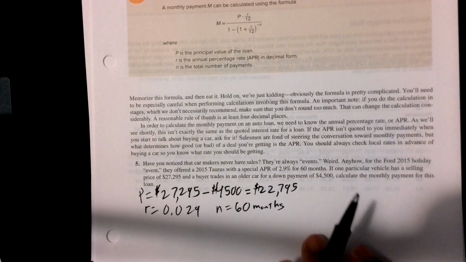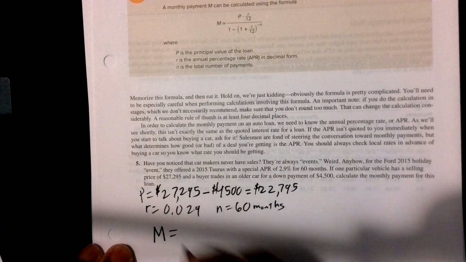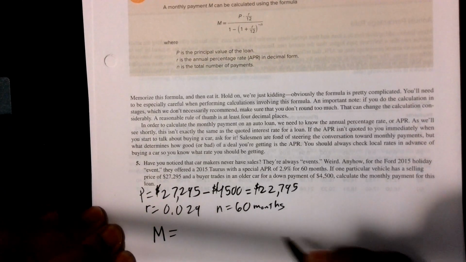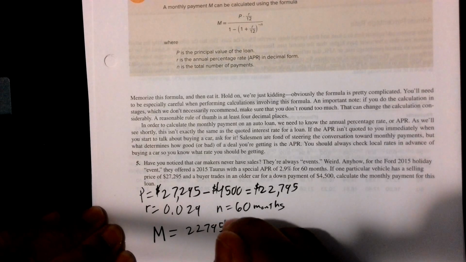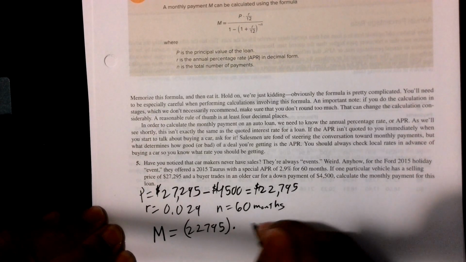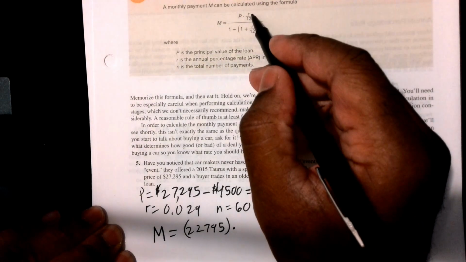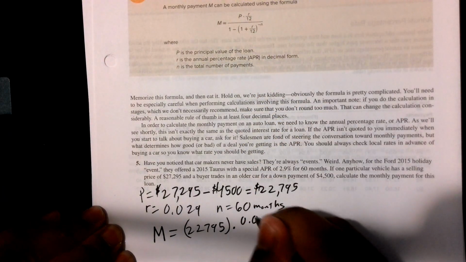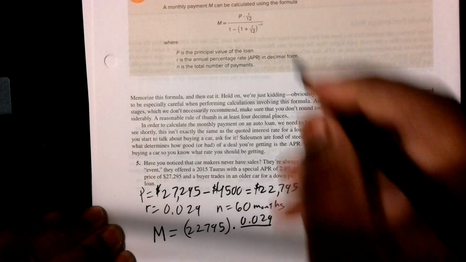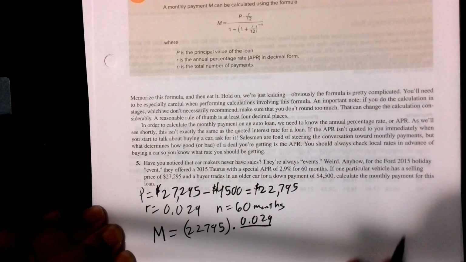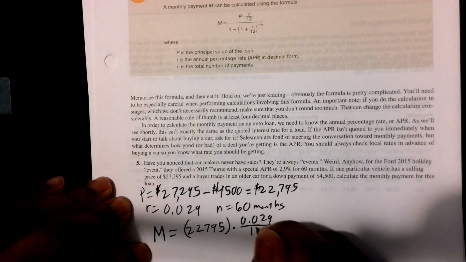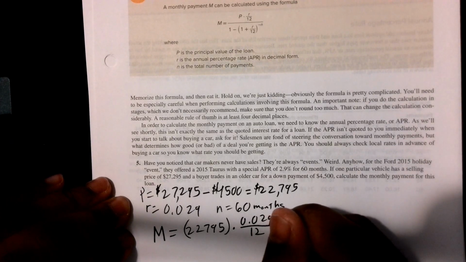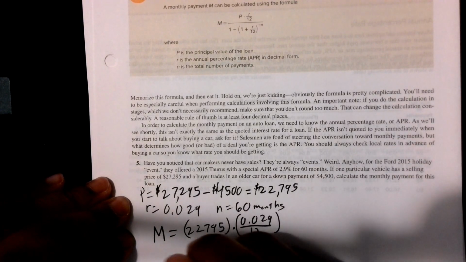Okay, now, this is all the pertinent information we need in order to use this formula. So, we will have M is equal to the principal, $22,795, times the rate, which is the R here, 0.029, divided by the N, which is the number of payments. So you would make 12 payments in a year. Now, that would be our numerator.